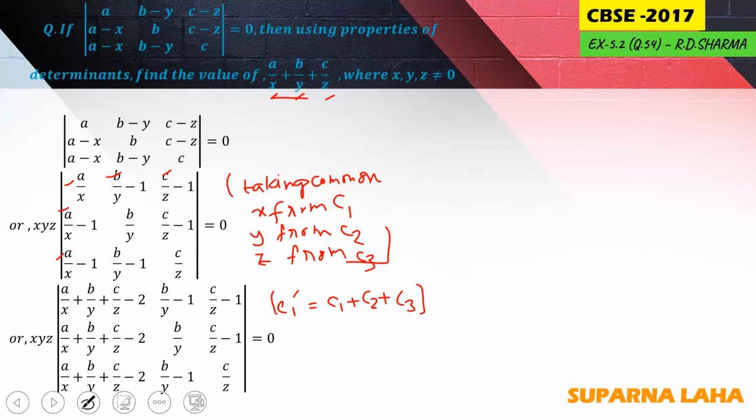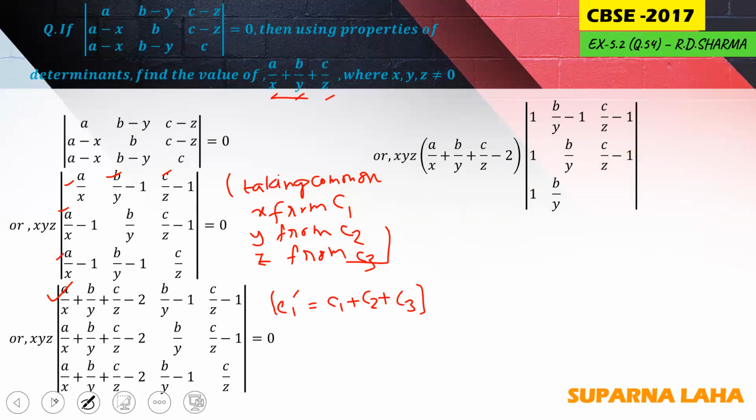Now again, take common this term. So you can write xyz, (a by x plus b by y plus c by z minus 2), into this determinant. Now look at the first column, 1 1 1.